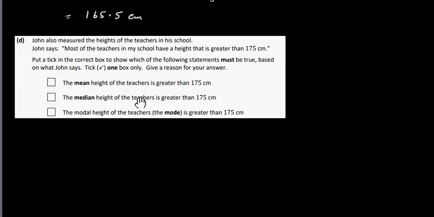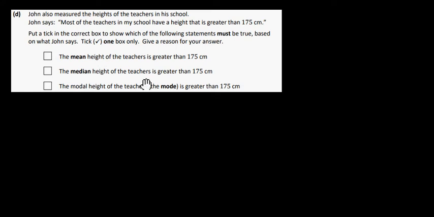Okay, so let's have a look at part D then. John also measured the heights of the teachers in his school. John says, most of the teachers in my school have a height that is greater than 175 centimeters. Put a tick in the correct box to show which of the following statements must be true based on what John says. Tick one box only and give a reason for your answer.